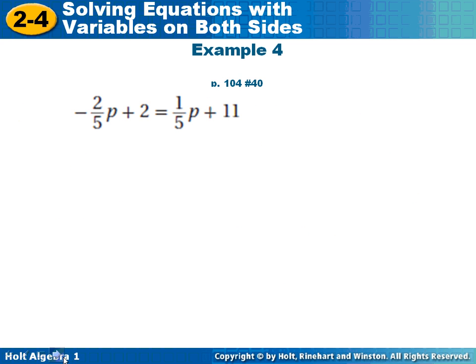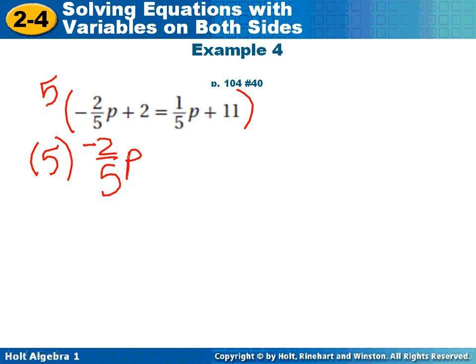Next problem. All right, we have more fractions. I taught you a way to clear fractions, and what we're going to do is multiply by the common denominator. Multiply everything by 5. So that's going to be 5 times negative 2/5 p.